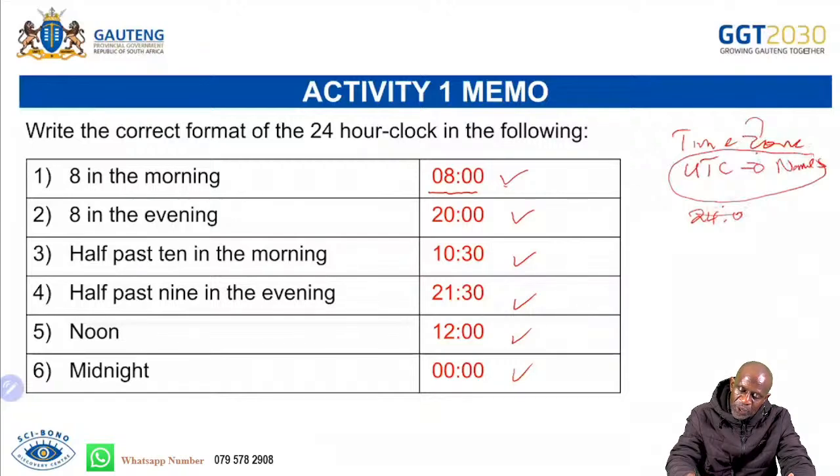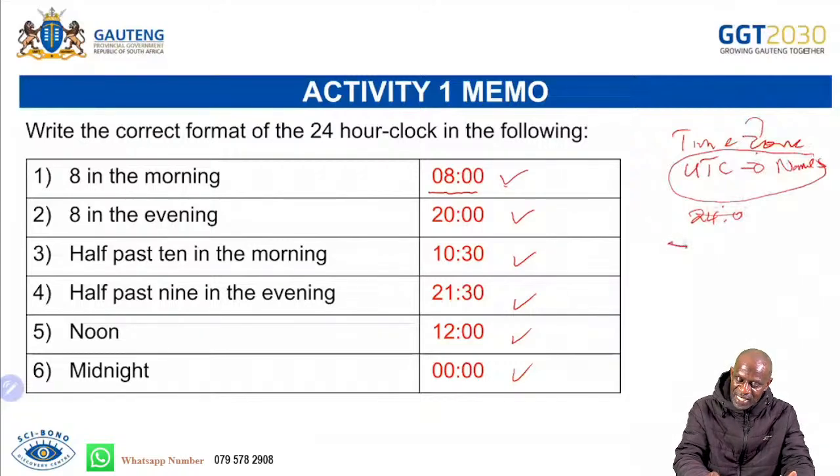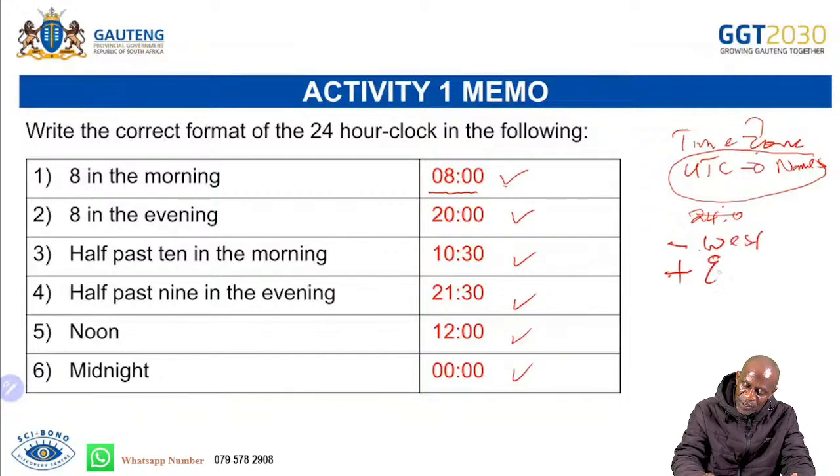Other than the rotation of the Earth, we have seen also how this longitude, the UTC, divides the Earth into west and east, and times in the west we said are behind, and times in the east are ahead. Times in the west are represented by the minus symbol, and times in the east are represented by a plus symbol.